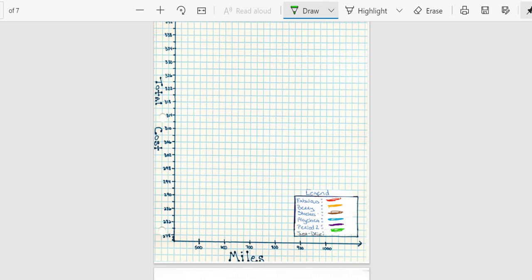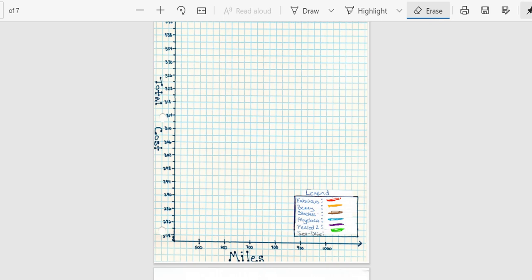If you don't have colors and you're doing it in pencil, whatever the case may be, you can do some type of pattern with the lines, so that I can visually see what's going on.